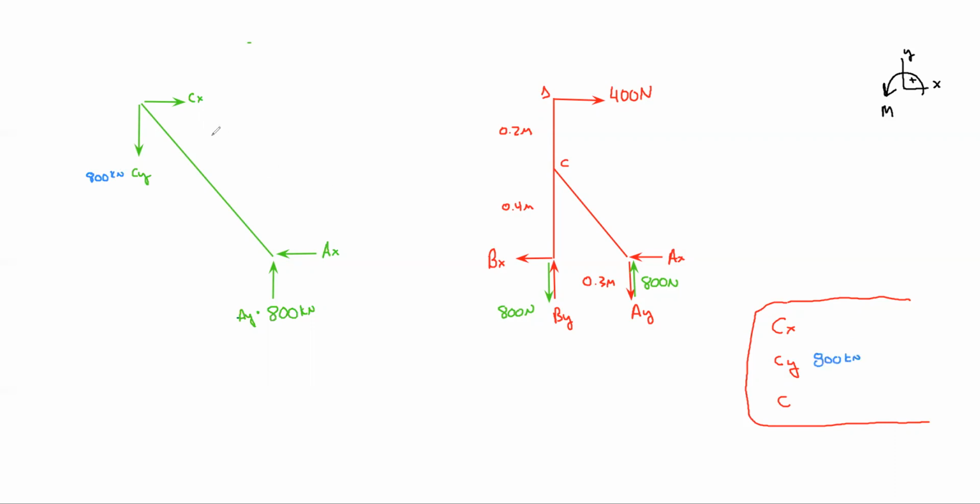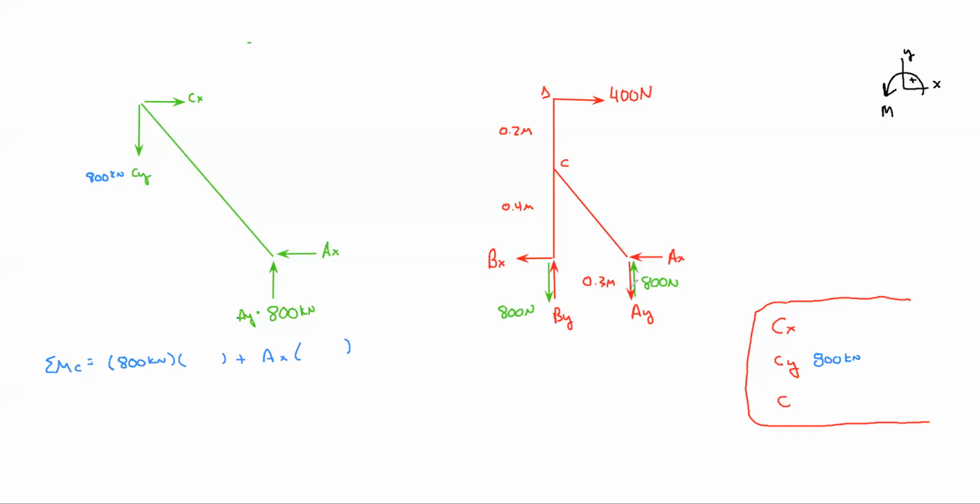Okay. Well, I'm going to have to take a moment, right? So I either take the moment about point C or the moment about point A. I did my calculation around point C, so that'll be the one that I demonstrate. It takes out CX, leaving 800 newtons times some distance plus AX times some distance.